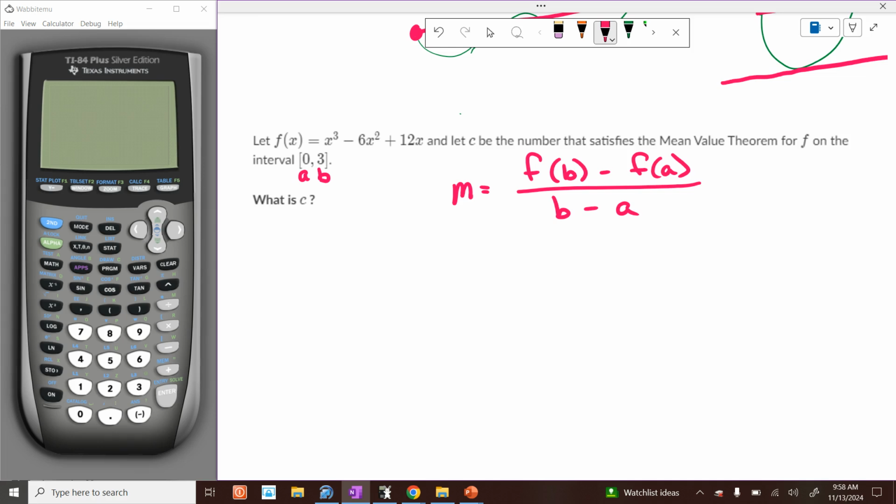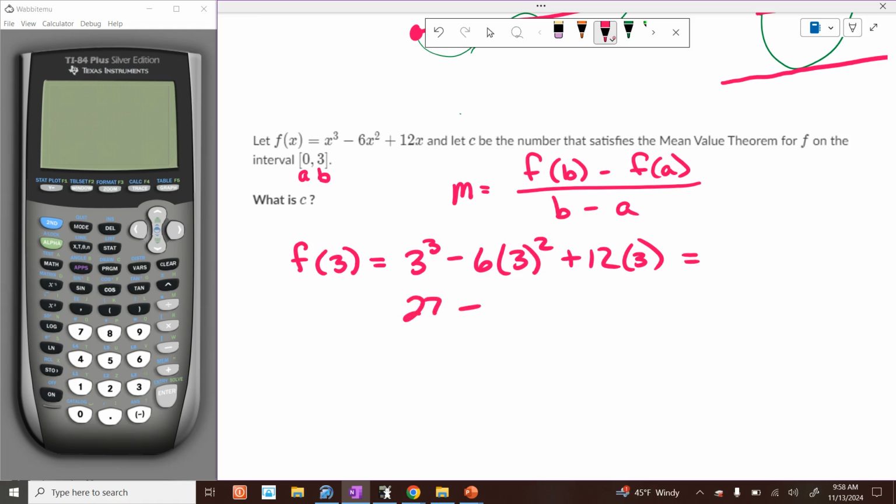We're finding f of B minus f of A over B minus A. So what is f of 3, because B is 3 in this example? It's 3 cubed minus 6 times 3 squared plus 12 times 3. 3 cubed is 27. 3 squared is 9 times 6 is 54, plus 36. So that should be 9 if I did my math in my head right.